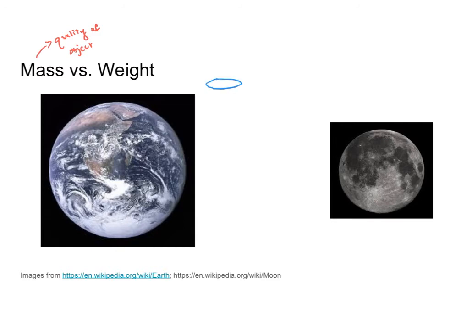So if I take my coffee mug and I move it from the earth to the moon, my coffee mug is going to have the same mass on earth that it has on the moon because it's a quality object that will not change.